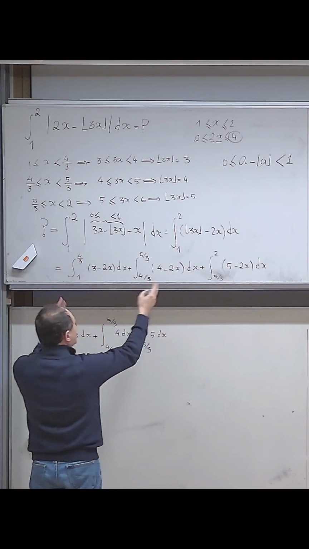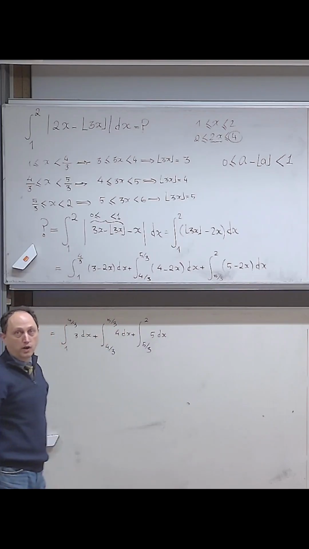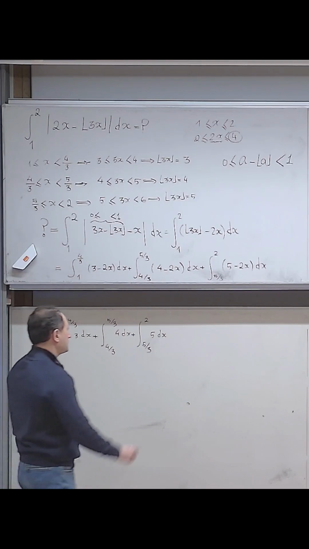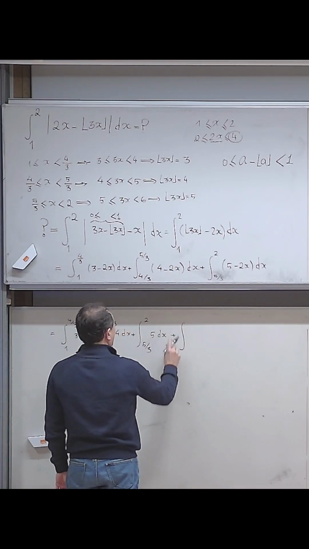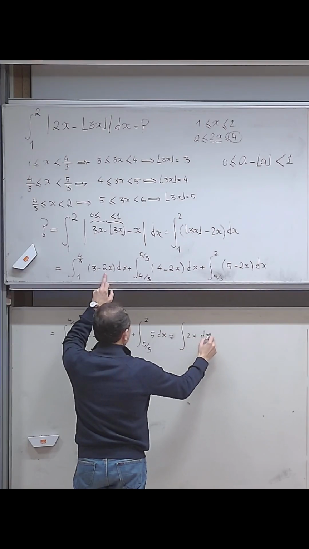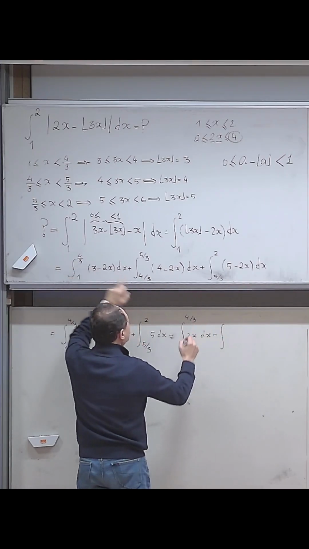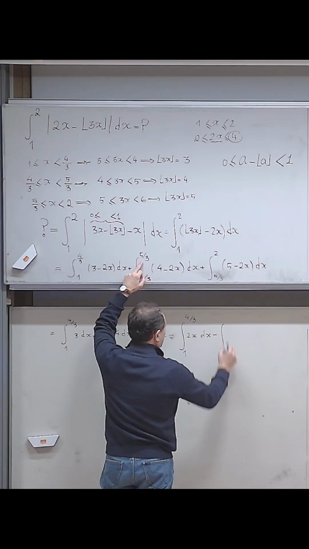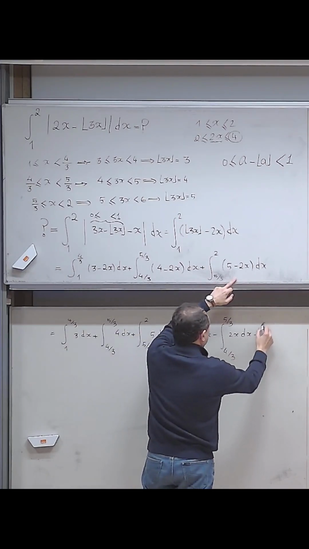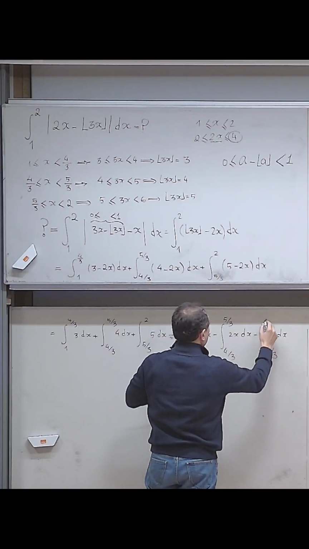I will do the same for the other term, but the other terms are all the same, so I can combine them back into one integral rather than solving it three times with fractions. So first, I write minus the integral of 2x dx from 1 to 4 over 3, minus the integral from 4 over 3 to 5 over 3 of 2x dx, again minus the integral of 2x dx from 5 over 3 to 2.